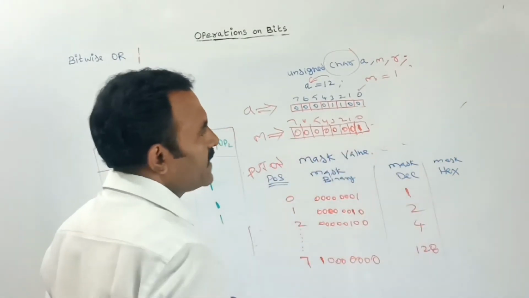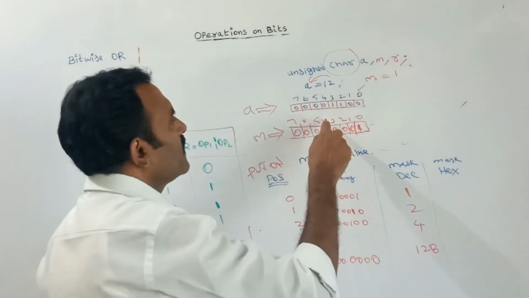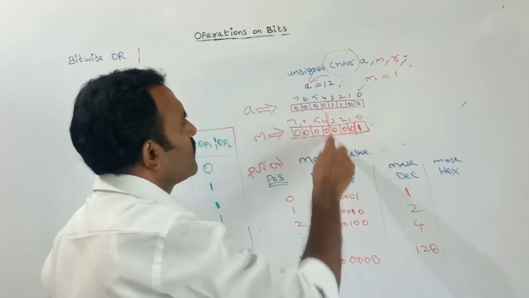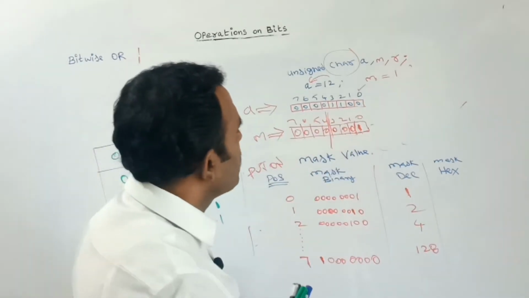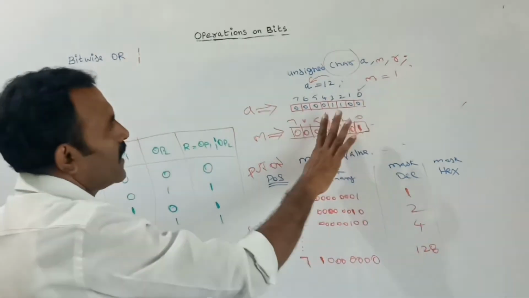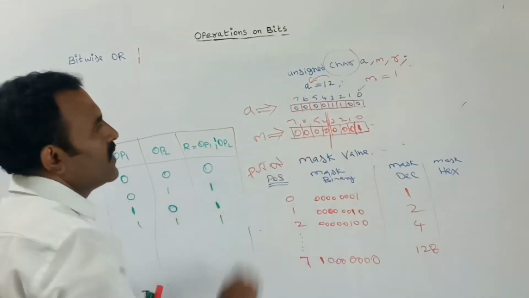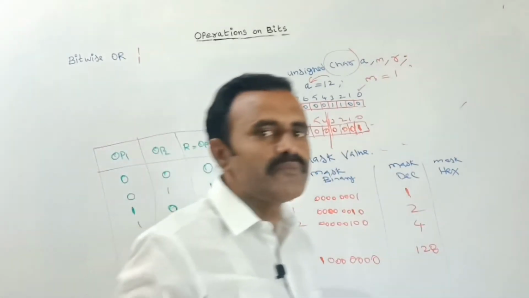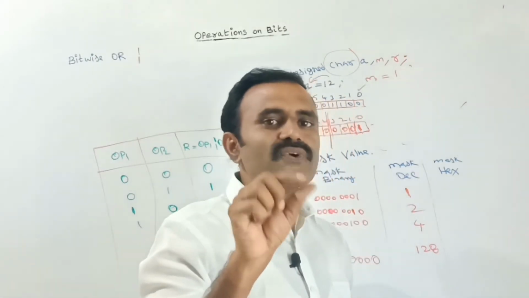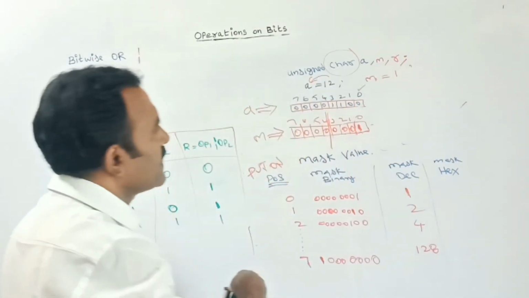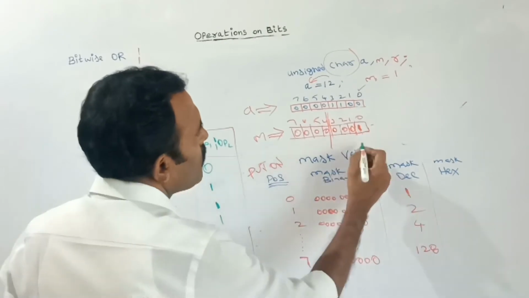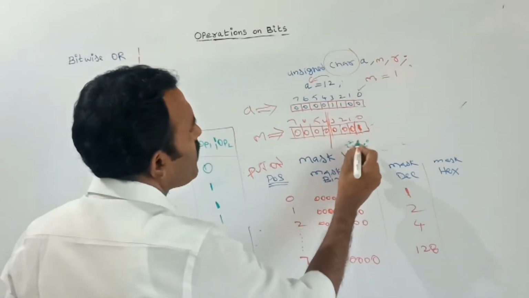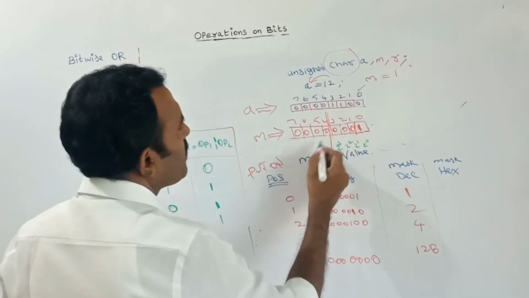Suppose you want to convert this into hexadecimal. For hexadecimal you split into 4 bits: bits 0 to 3 are one portion and bits 4 to 7 are another portion, because hexadecimal is split into nibbles. A nibble means 4 bits.